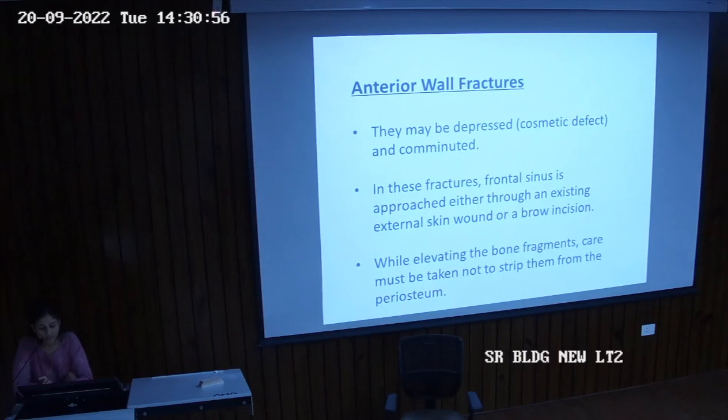Now in these fractures, the frontal sinus is approached either through an existing external skin wound or through a brow incision. I think we have spoken about the brow incision at the time of maxillectomy. What is Lynch incision? I remember speaking to one batch during the practicals about the various incisions for maxillectomy.